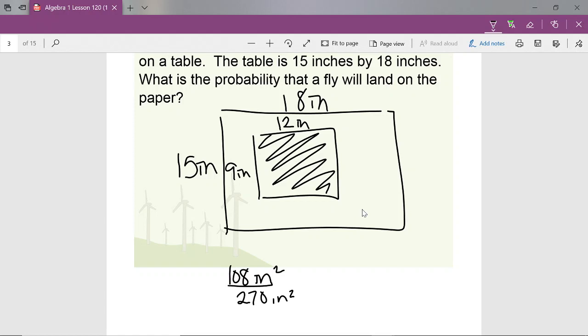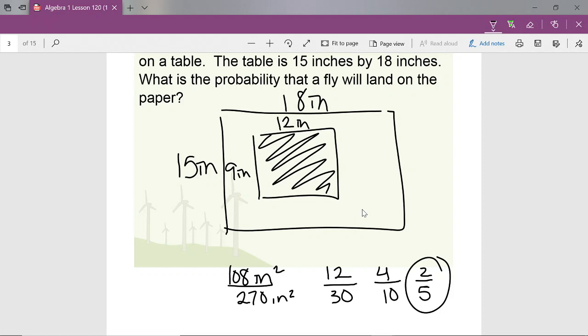You can reduce by 9s pretty well. So we have 12 over 30, reduced by 3s, 4 tenths, so 2/5 is our probability of getting in that area. Okay, so total area is our denominator, and the area we want to land in is our numerator.